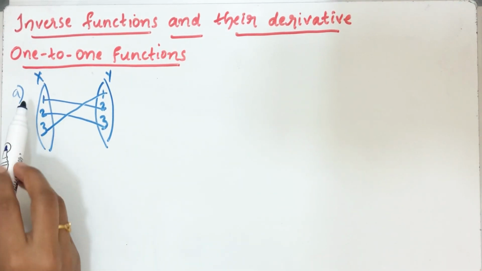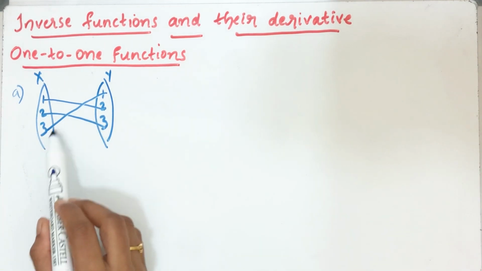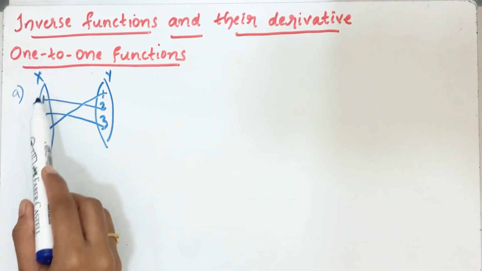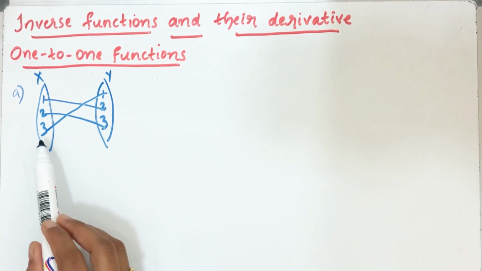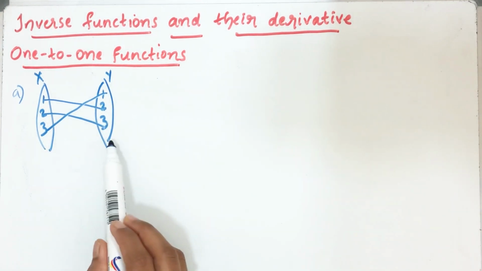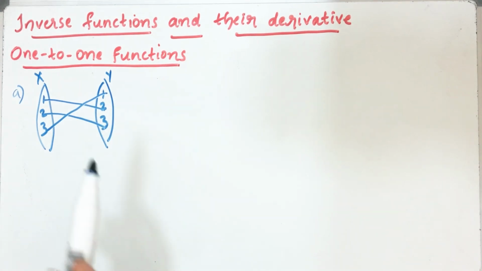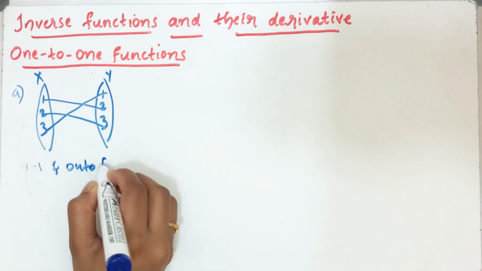We can see here f of 1 is equal to 2, f of 2 is equal to 3, f of 3 is equal to 1. This is 1-1 because each element of x has a unique image, and onto because every element of y has a pre-image, or we can say range and codomain are the same. So this is a 1-1 and onto function.